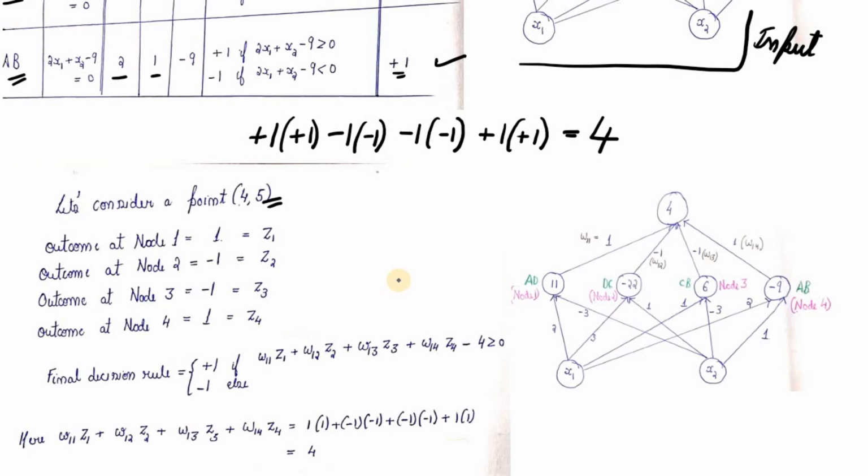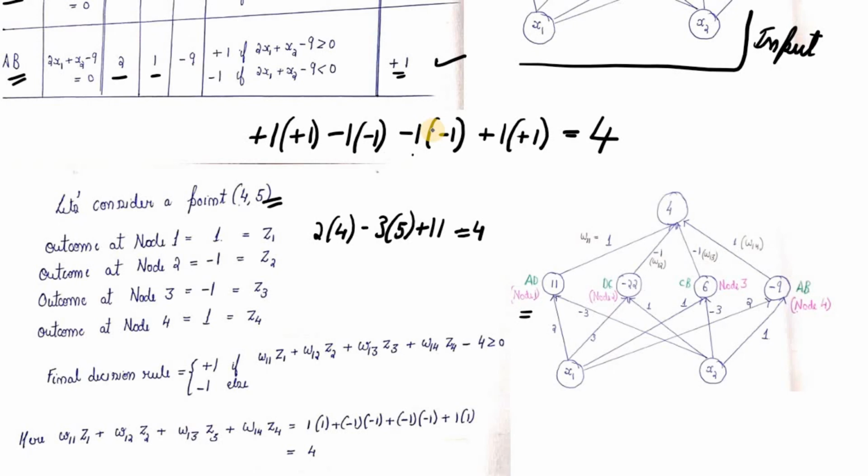And let's try to see what we get at this node 1. So node 1 is twice of W1 minus 3 times W2, or twice of 4 minus 3 times 5 plus 11. So the value of this is going to be 4. So 4 is very much greater than 0.